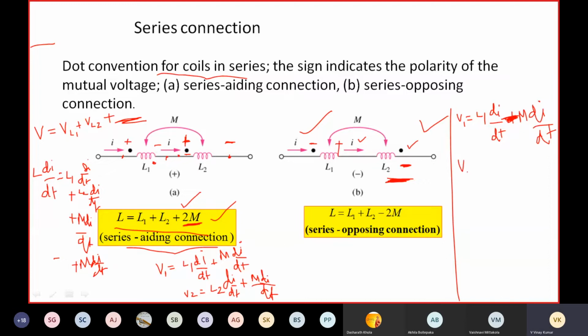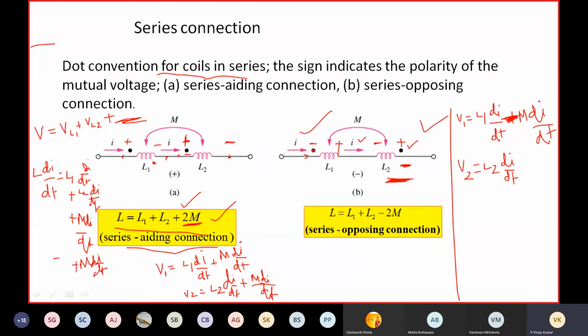Coming to V2. V2 is equal to L2 di by dt. Let us find the mutual induced EMF across coil 2. Here current is entering the dotted terminal of coil 1, so the mutual induced EMF will be positive at the dotted terminal.